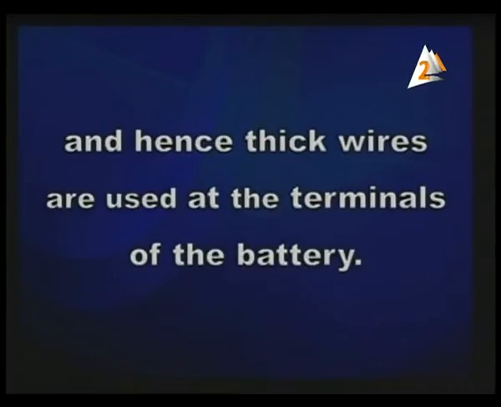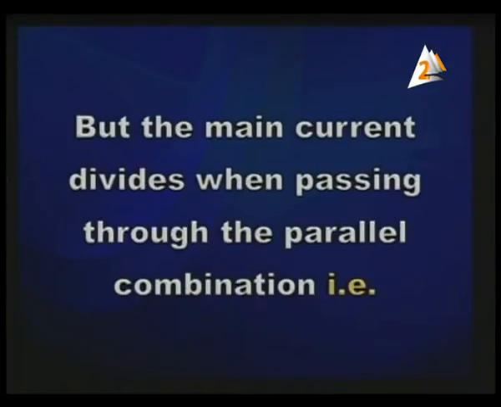Thick wires have low resistance, to decrease the amount of heat produced, because we've got a large current, high current flows. And what about the resistances connected in parallel? The main current divides when passing through the parallel combination. It is split.